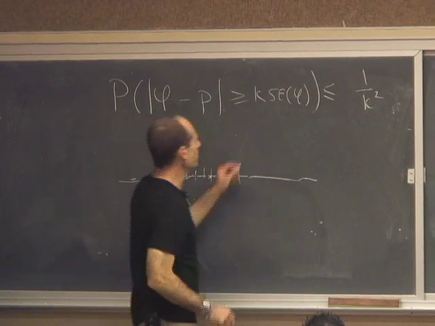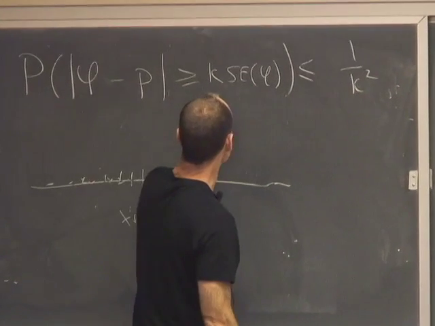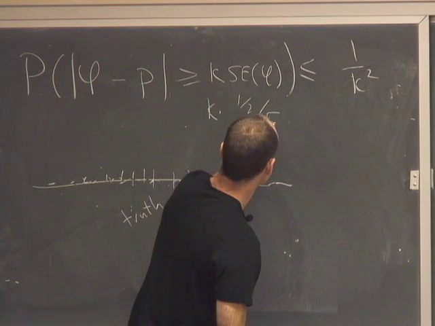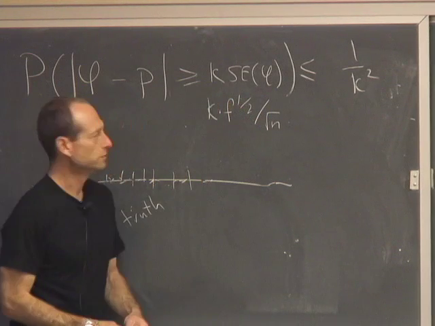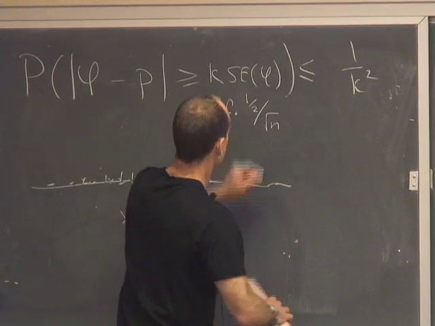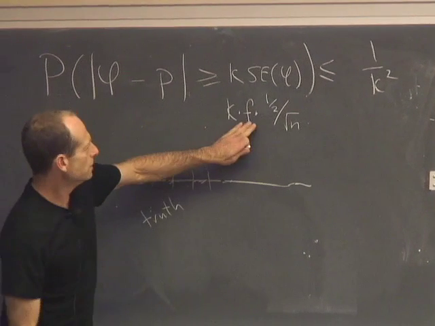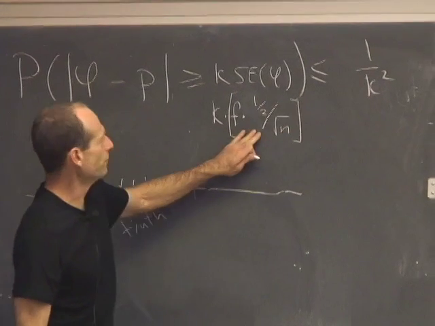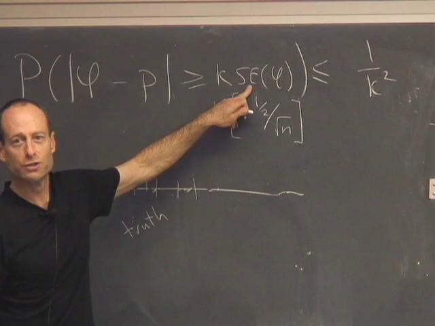What's the chance they differ by more than k times a half over root n? Let's go ahead and put an f in here. This number, f times a half over the square root of n, is that bigger or smaller than the standard error of the sample percentage?